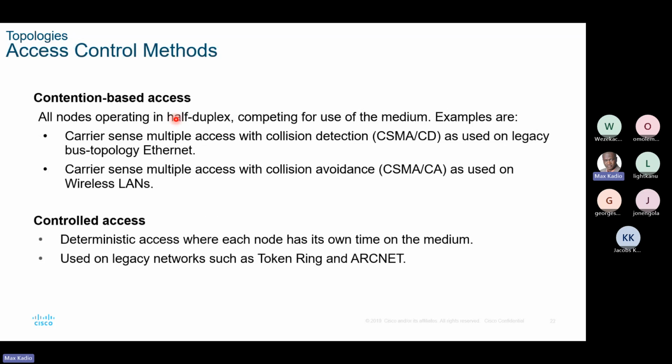Nowadays we don't use half duplex anymore, but we have a system to check if the lane is free or not. For wireless, the system to listen is called CSMA/CA. For the network cable, the system to listen if the line is free to go is called CSMA/CD, only if you use half duplex. So check this.